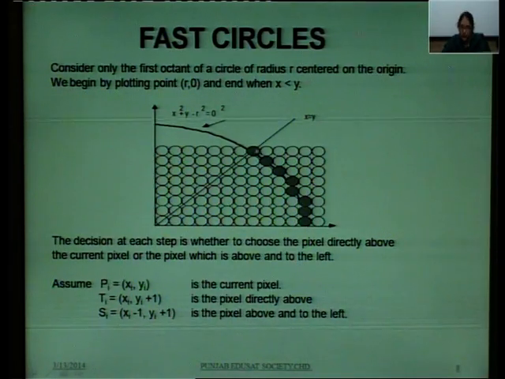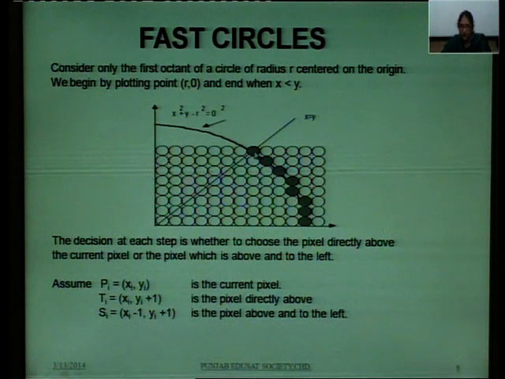So, we can choose the pixels which are either above the symmetry or the pixels which are below the symmetry. Here you can see Pi, that is xi and yi, this is the current pixel, and Ti, that is xi and yi plus 1, this is the pixel directly above, and Si is the pixel which is above and to the left.